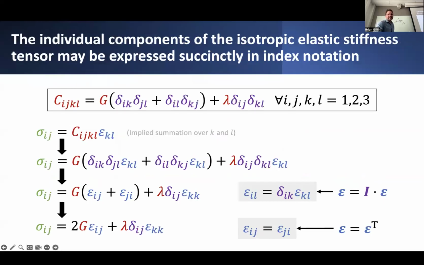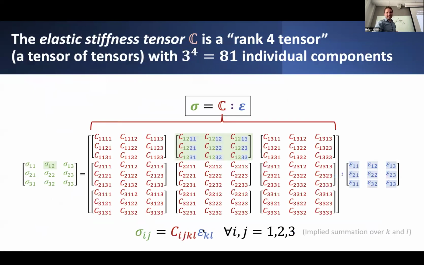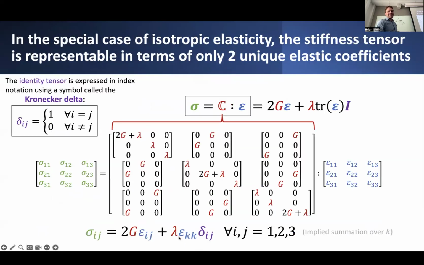Now, the last thing that I'll say, which is interesting, is if you wanted to represent the individual components of this particular stiffness tensor, this fourth order array, how would you do it? We have these expressions, let's say in this case, where we have sigma ij equals the implied summation over k and l of C ijkl multiplied by epsilon kl. So how exactly would we represent C ijkl, assuming we happen to know just G and lambda?